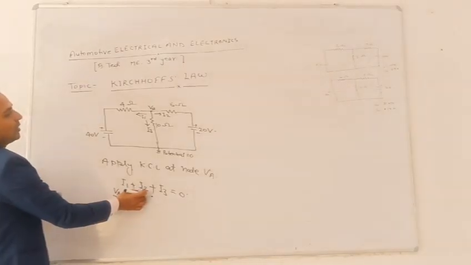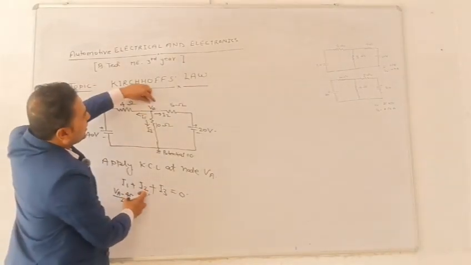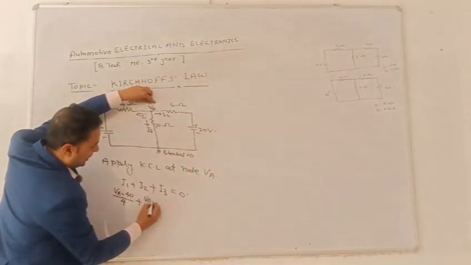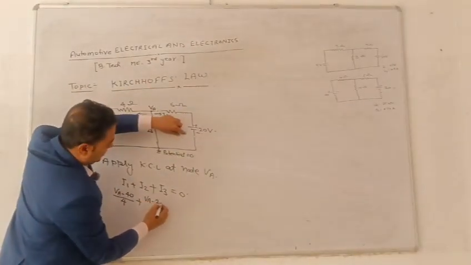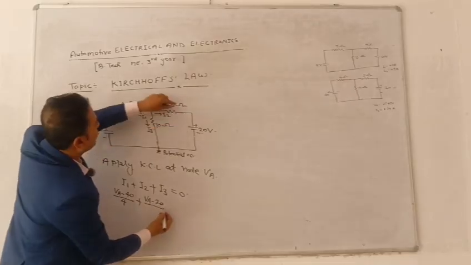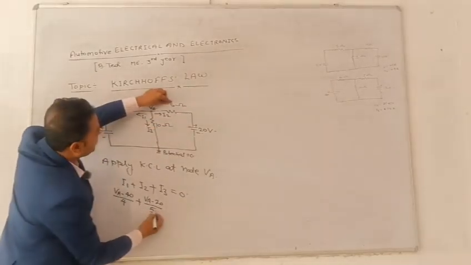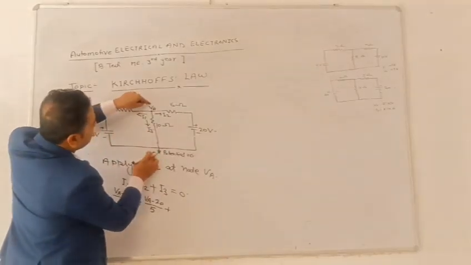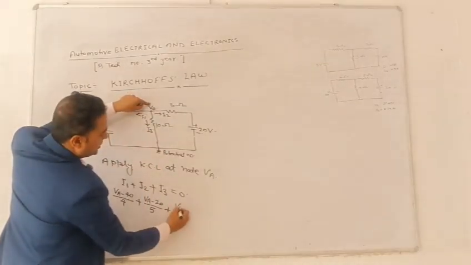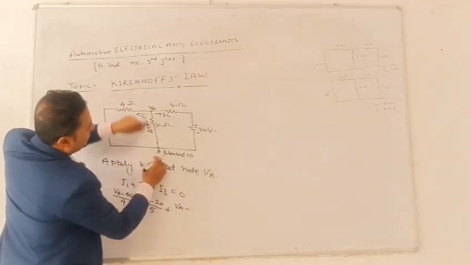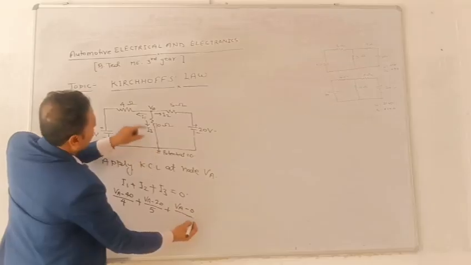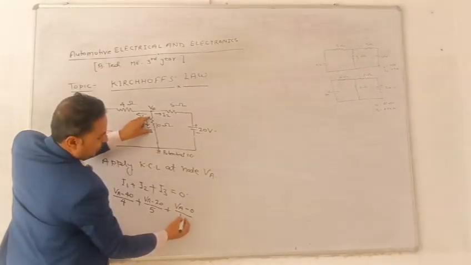How to calculate the value of I2? I2 is higher potential minus lower potential, VA minus 20 upon 5 ohm resistance, plus I3, higher potential VA minus the grounded potential, 0, upon the total resistance 10 ohm.